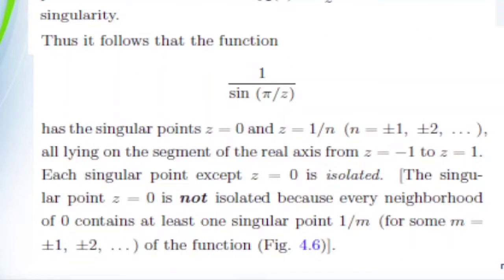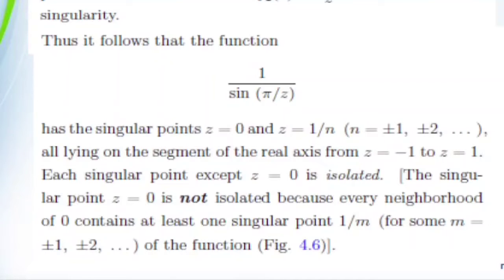The function f of z is equal to 1 by sine pi by z. z equal to 0 and z equal to 1 by n are the singular points. So here we can say that each of the other points is an isolated singular point, except z equal to 0. z equal to 0 is not isolated because in a neighborhood of z equal to 0, we can find infinitely many points of the form 1 by n.